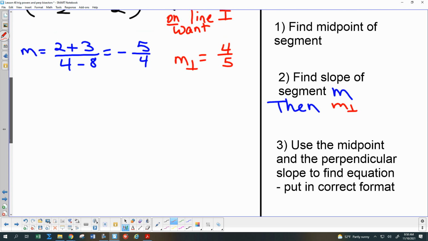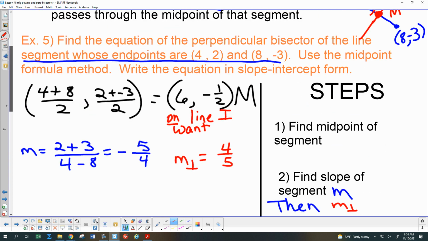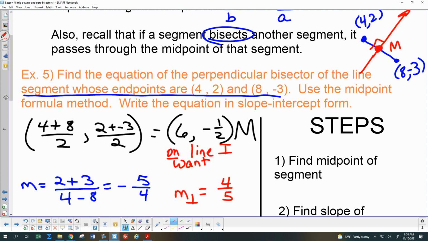Now, let's be a little bit careful, because here's the mistake that I see students make a lot. I see students say, oh, (6, negative a half), I don't like fractions, I'm going to use one of the other points. That does not work. If you use this point (4, 2) and the perpendicular slope, you would get that line.